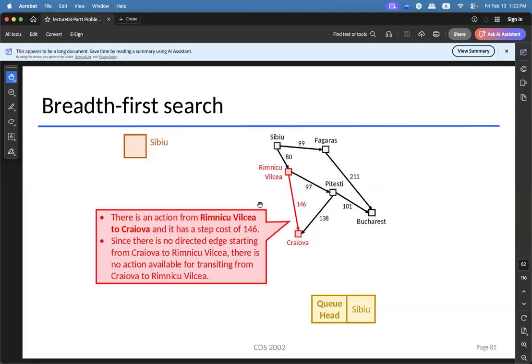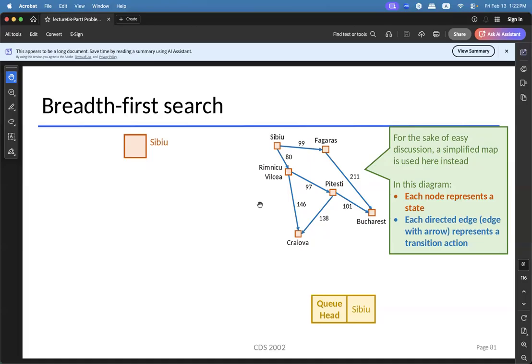Also in this diagram, you will notice that we have numbers right next to each edge. The number next to each edge represents the step cost of that transition. For example, consider the edge from Mutual VCHA to P-test. The arrow points from Mutual VCHA to P-test.